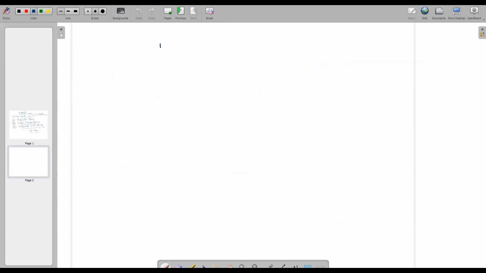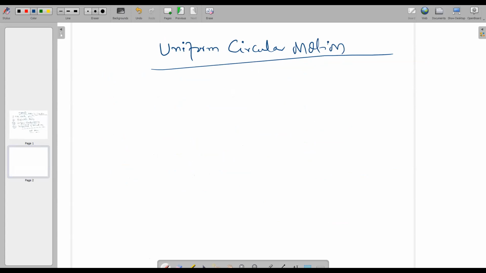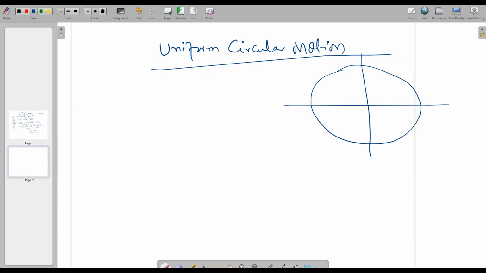So in uniform circular motion, if a body is moving in a circular track like this one, and the circle is 2 dimensional, its speed is constant. If speed is constant, velocity is variable. What does that mean?